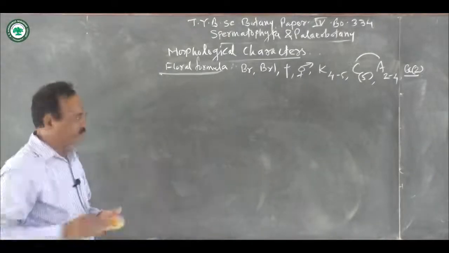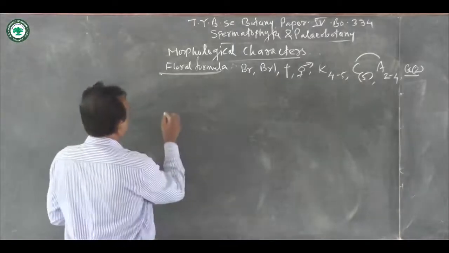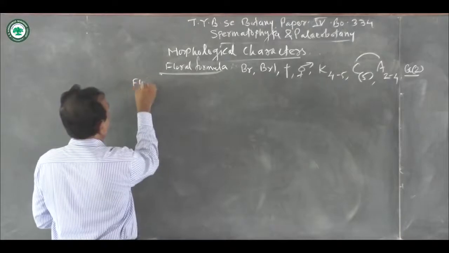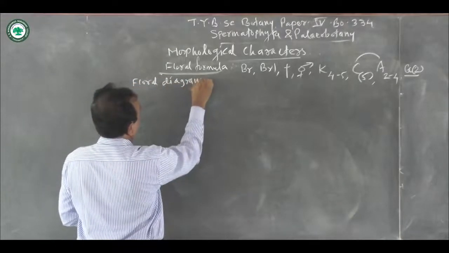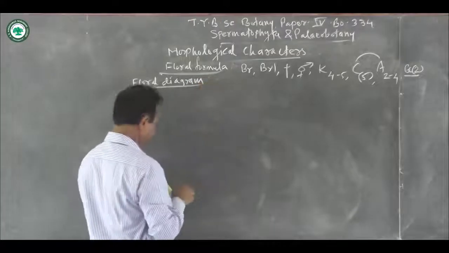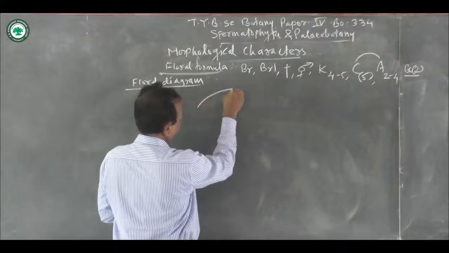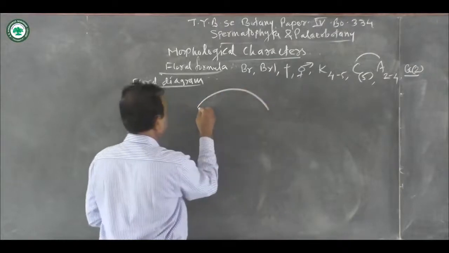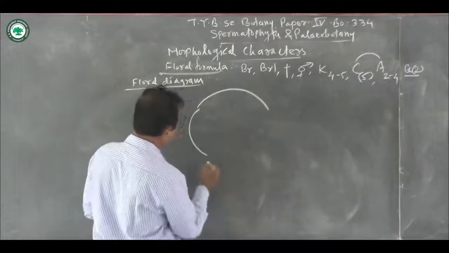Now let us see about the floral diagram. So it shows the presence of 5 sepals.